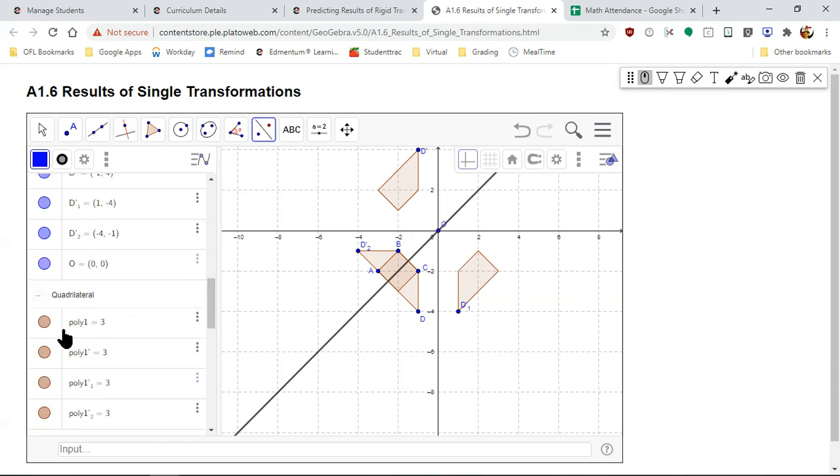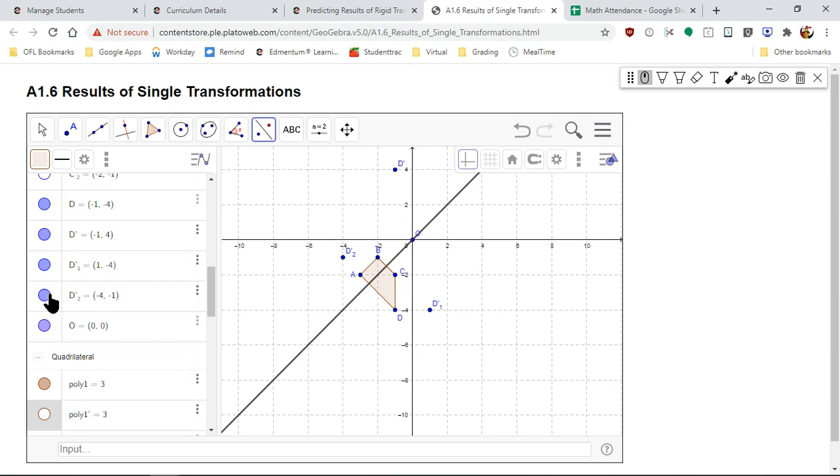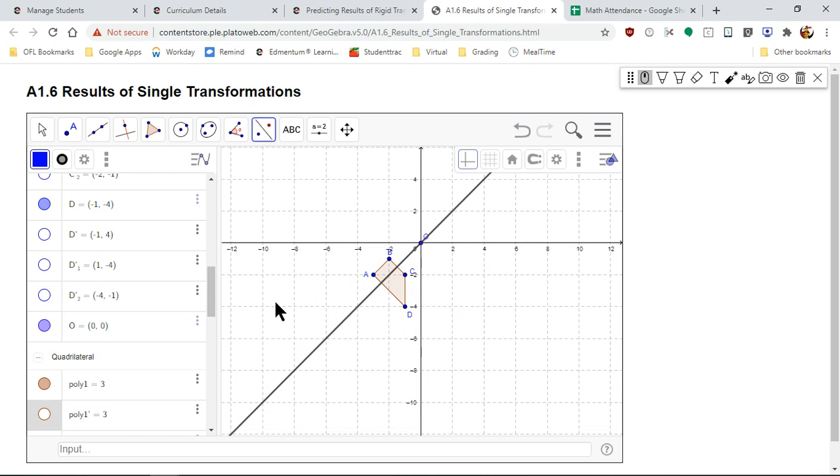The big thing you're probably not going to want to see are the shapes themselves, so you can make those disappear. The points are a little bit of extra work, but if you really want to get rid of those points, you can do that. That's just an easy way to do that.